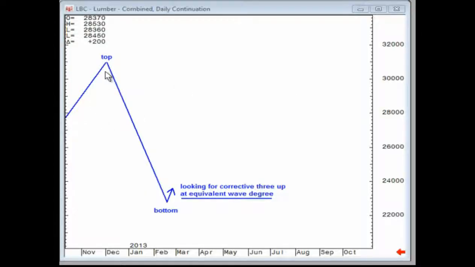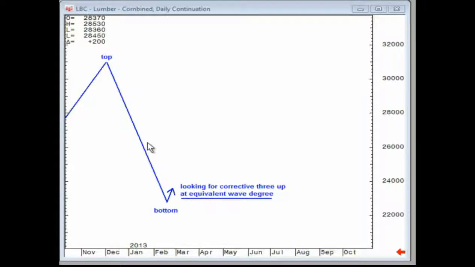Let's say you have a market top at some wave degree, and you're looking for a decline. The market falls, and you have what you think is a bottom. And you think you're looking for a corrective rise at equivalent wave degree.